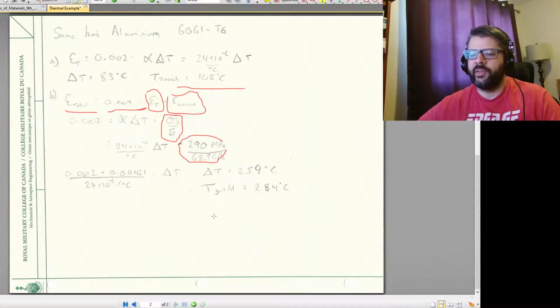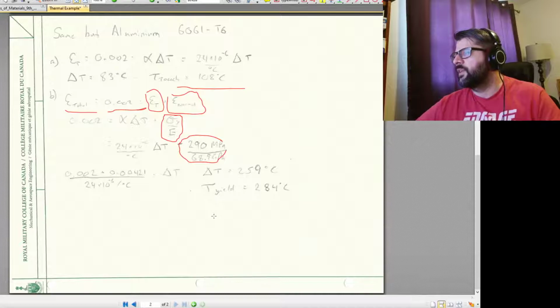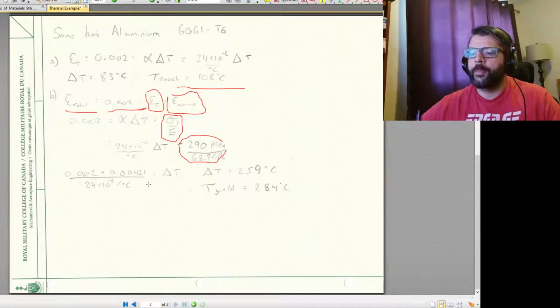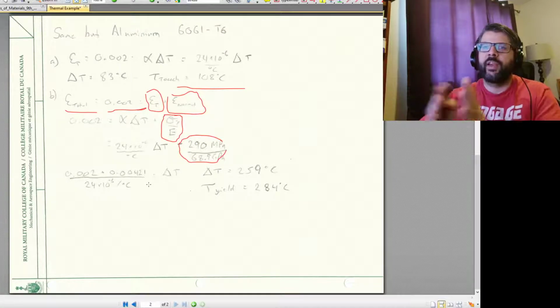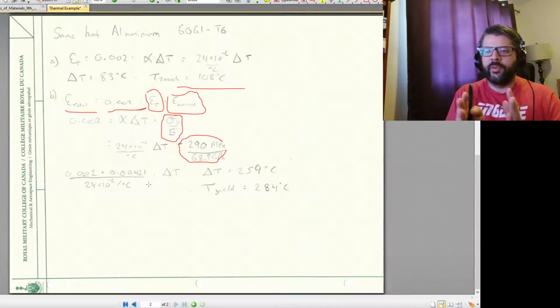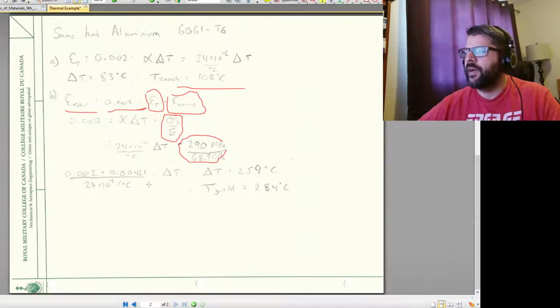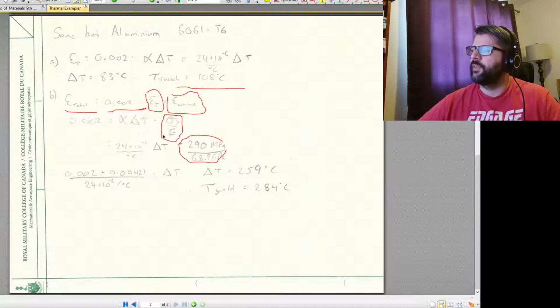It's a less stiff material, so it's able to deform a lot more before it starts to yield. So the thermal strain that would otherwise be induced before it starts to yield is a lot higher.